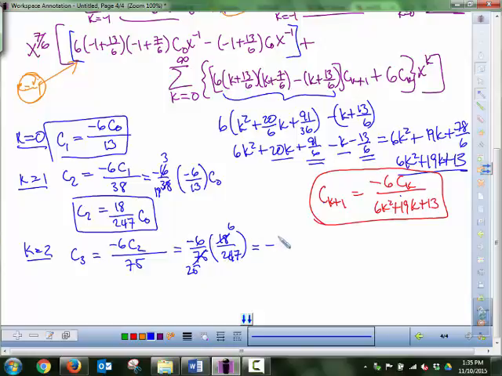This is a negative. I'll put a 36 up on top. Don't forget the c sub 0. What is 25 times 247?